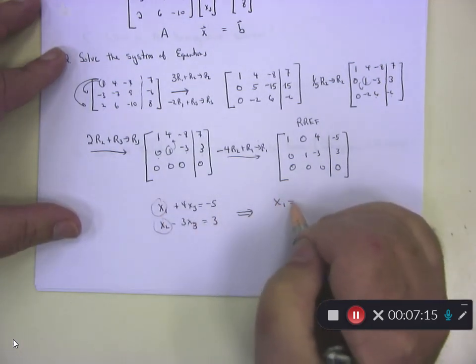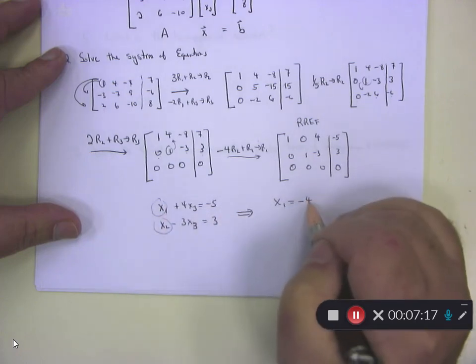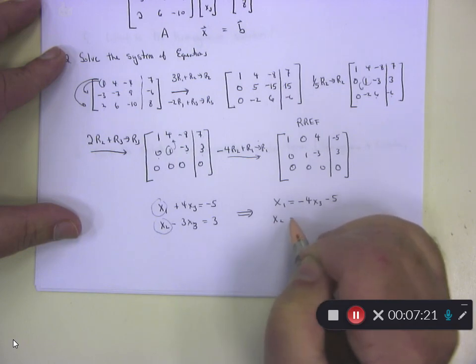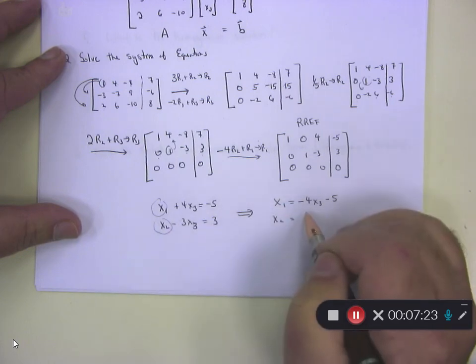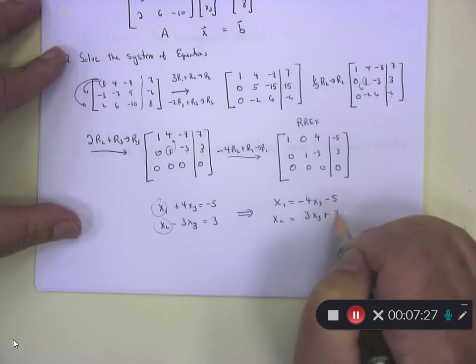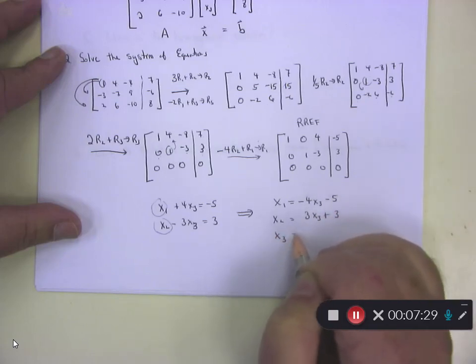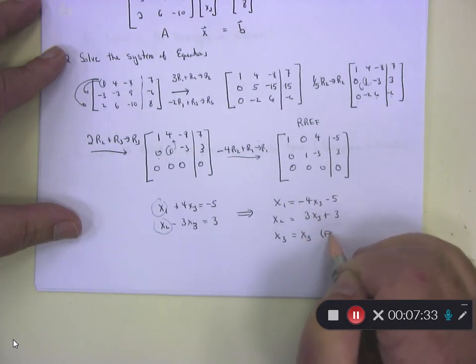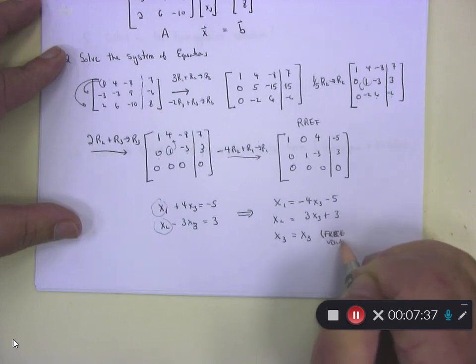This means x1 is equal to negative 4x3 minus 5. x2 is equal to plus 3x3 plus 3. And x3 is equal to who? x3, because that is your free variable. Okay?